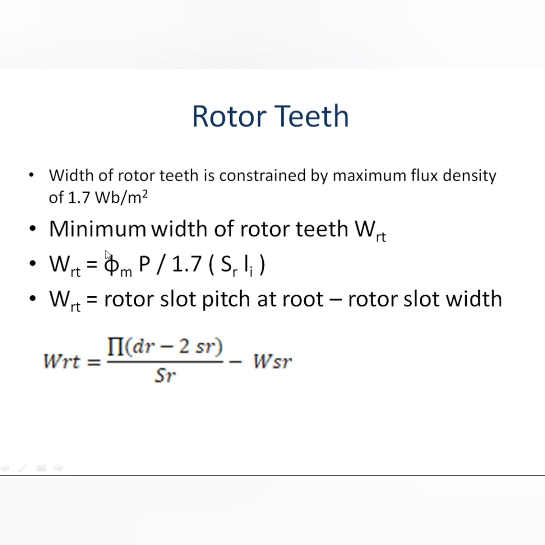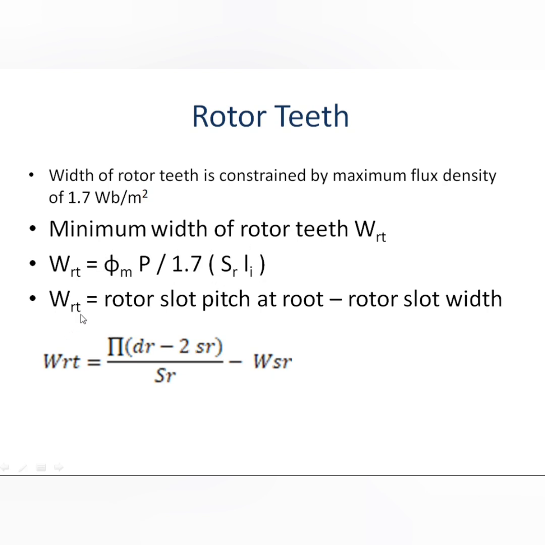Wherever the thickness of the tooth is small, the flux density will be very high, and if it goes beyond 1.7, then definitely it will lead to saturation, and the saturation will lead to a higher value of magnetizing current, which will lead to a high value of starting current. So in order to reduce that, we have to have a minimum width of the rotor tooth, which is defined by the flux density to be 1.7. So we are using here the minimum value of the width to be this much. So the constraining factor is the flux density.